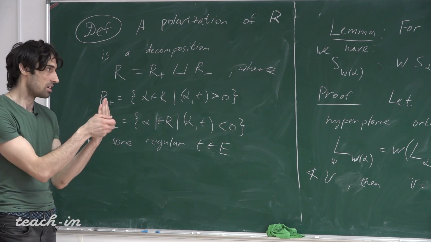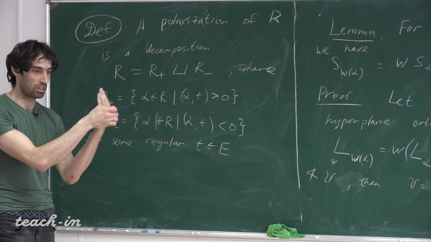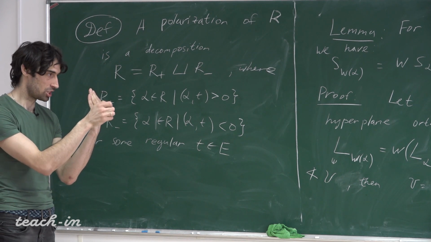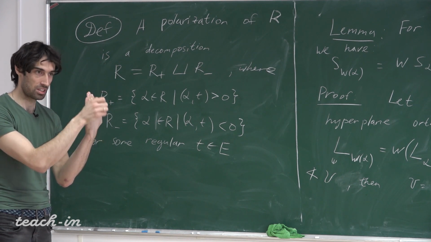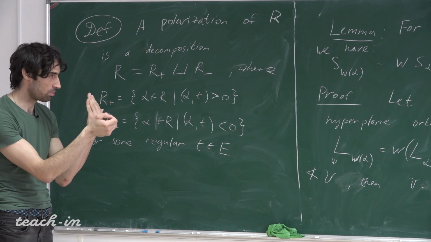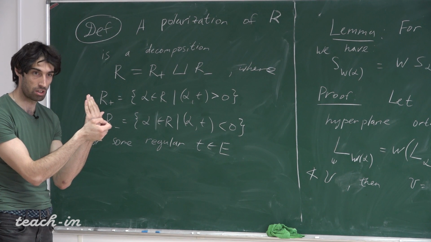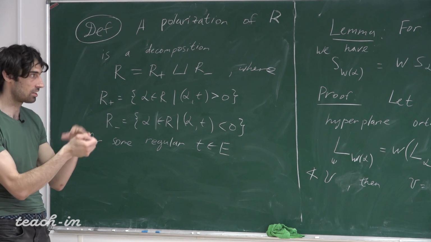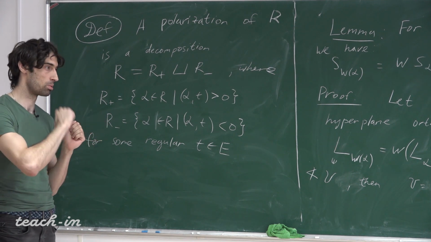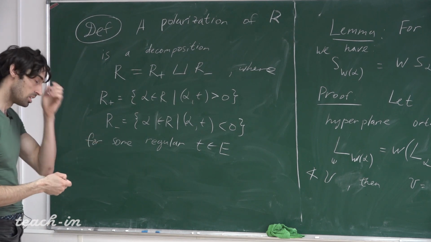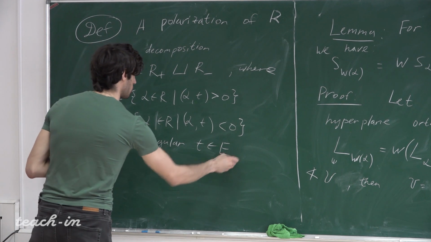Of course, a lot of regular elements give me the same polarization, right? If I just change it a little bit, once it doesn't intersect any hyperplane L alpha, it's just the same polarization. If I intersect, then it's something different. Some root which was positive now becomes negative, but that's not what we want.